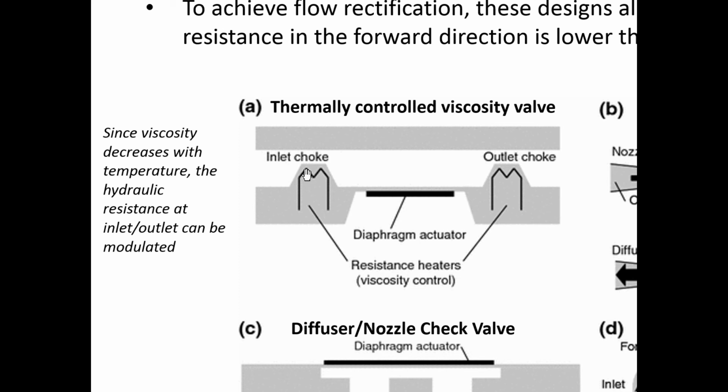It has two openings here. The geometry of the opening is the same. However, they're at different temperatures. Okay. Viscosity decreases with temperature, so the hydraulic resistance at the inlet and outlet can be modulated. What happens to flow resistance if we decrease viscosity?